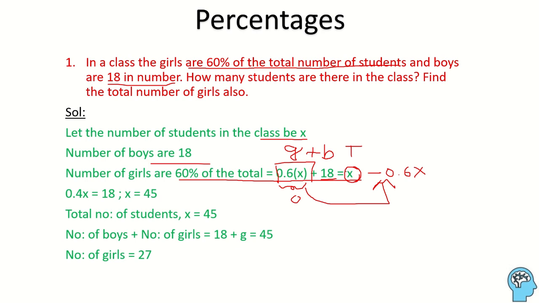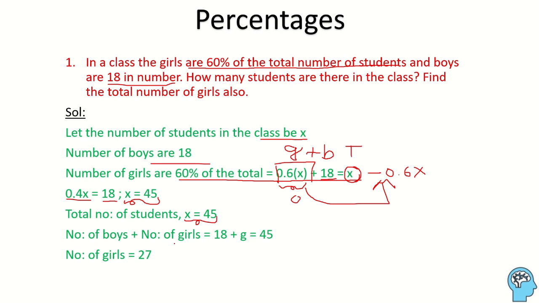So x minus 0.6x will be 0.4x, that is equal to 18. 0.4x is equal to 18 and x is equal to 45. Total number of students will be x, which is 45.